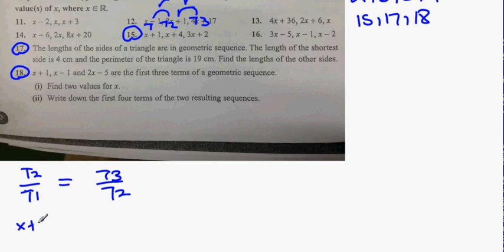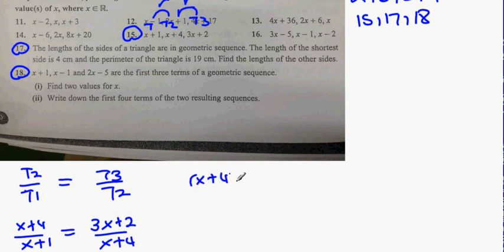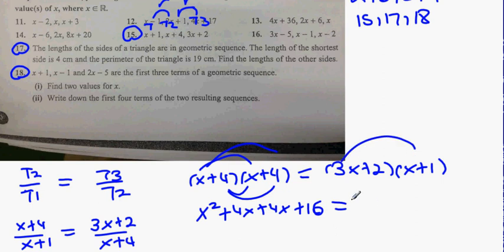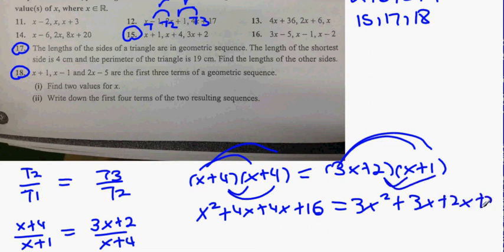So what I can say next is that T2, which is x plus 4, divided by x plus 1, equals 3x plus 2 over x plus 4. Now we're going to cross multiply this, and you get x plus 4 multiplied by x plus 4. I'm also going to get 3x plus 2 multiplied by x plus 1. Multiplying them out, we get x squared plus 4x plus another 4x plus 16 equals 3x squared plus 3x plus 2x plus 2.